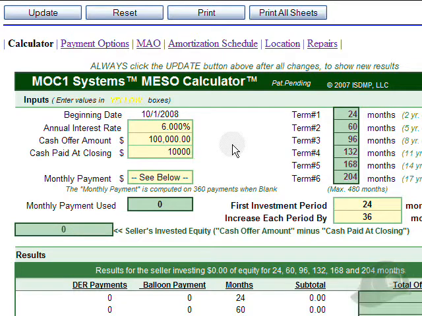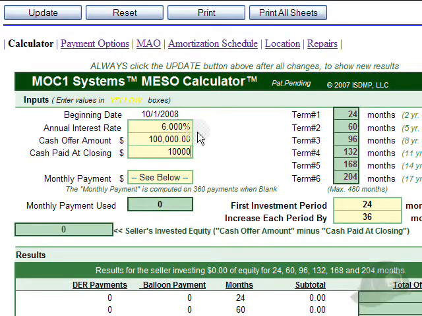And we'll look at generally an investment period of either 2, 5, 8, 11, 14, 17 years. This is the beginning or initial investment period here, which is 24 months or 2 years, and it'll increase by 3 years each here. You can change these numbers accordingly once you get a better feel of what the seller is looking for.